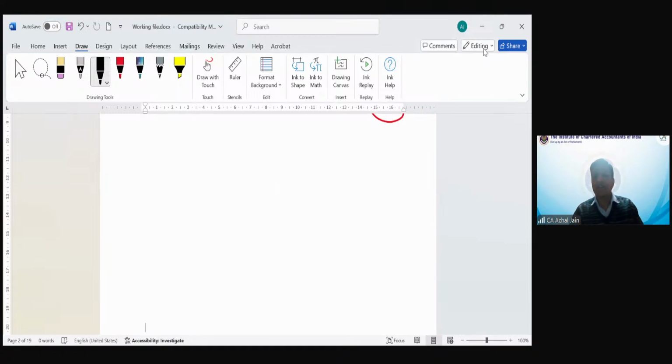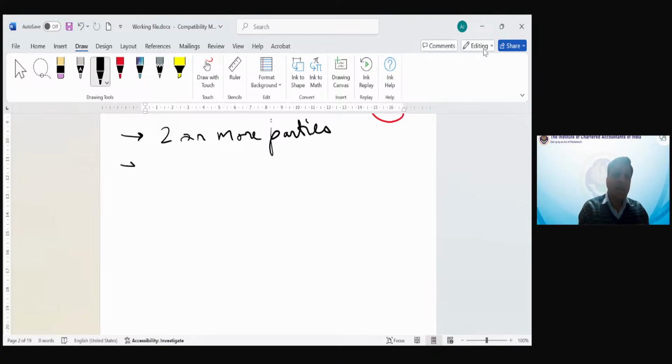It says if there are two or more parties, that is one, and they have a contract. Now what do you mean by contract?